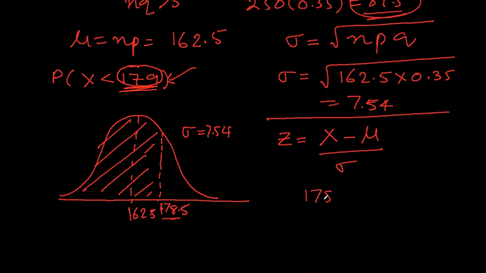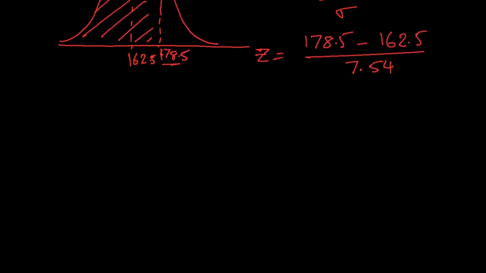So here 178.5 is X for us, 162.5 is the mean, and 7.54 is the standard deviation, and we'll find the z score now for this.